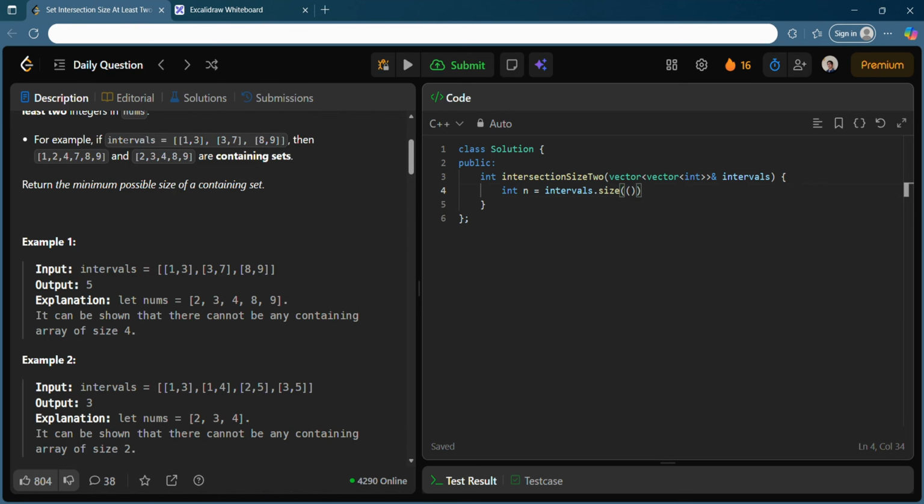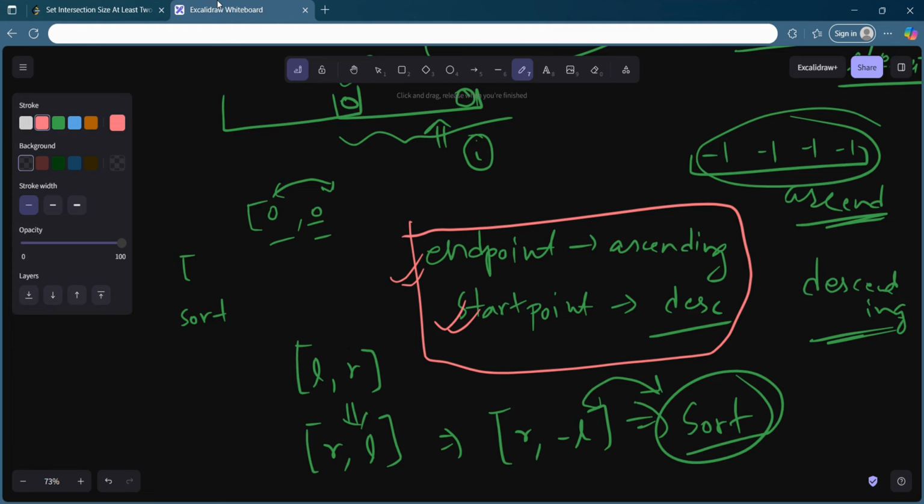Okay, so intervals dot size, you are having this, and first you try to swap the elements. So for auto x, I will take the address of auto x in intervals. I will first swap x of 0 and x of 1. So I'm iterating through each and every interval and swapping this.